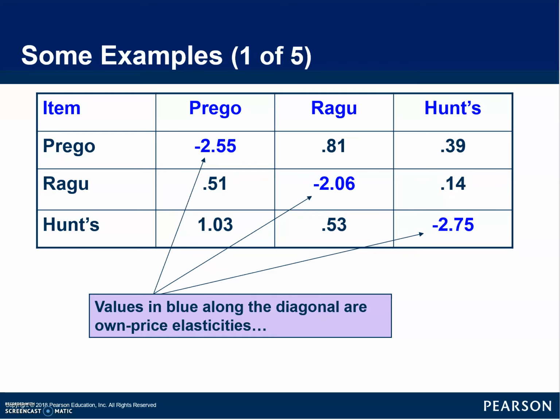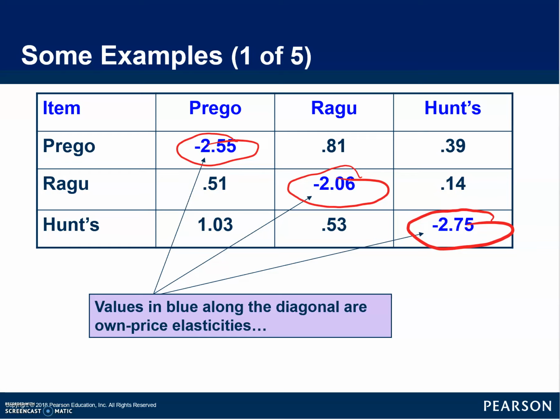And when we say that we are comparing them to themselves, that's why their own price elasticity is here. So Prego to Prego, there's its own price elasticity. Ragu to Ragu, we have that price elasticity, and then Hunt's to Hunt's.